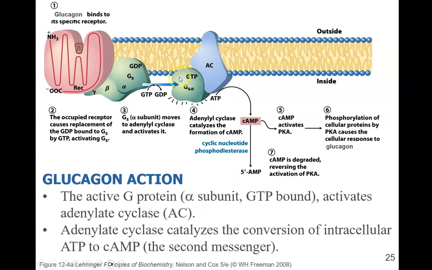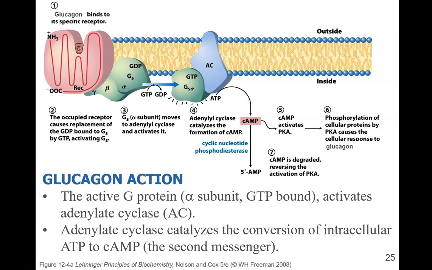So the G protein activates adenylate cyclase, which stimulates this enzyme, and adenylate cyclase takes intracellular ATP and catalyzes the conversion of ATP to cyclic AMP. We call cyclic AMP the second messenger because glucagon, you might notice, never gets inside. It just binds to the receptor and then stuff happens, but the glucagon never gets inside.